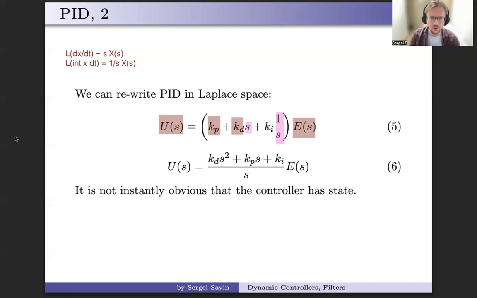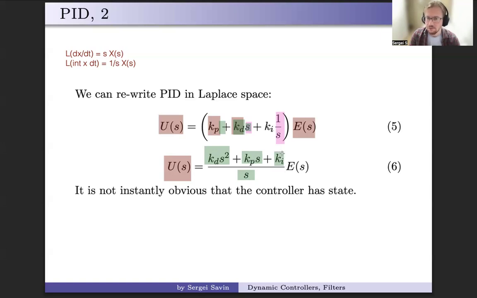So we could write it as u is equal to, and let's be careful here, kd times s squared, because we're dividing by s everywhere. Kp times s, again because we divide by s everywhere, so we get s in the denominator.